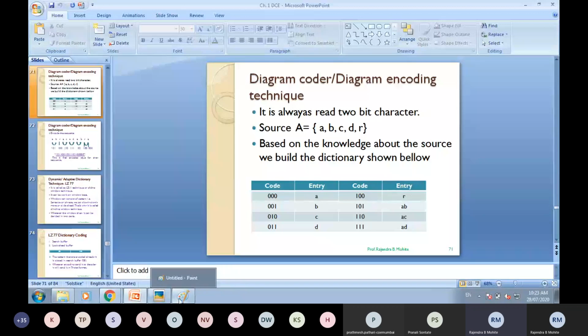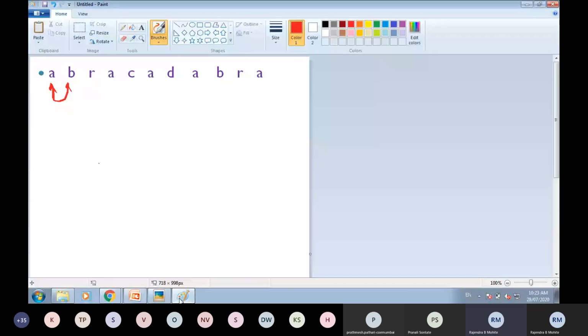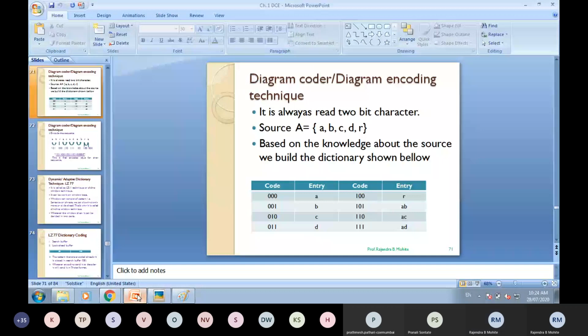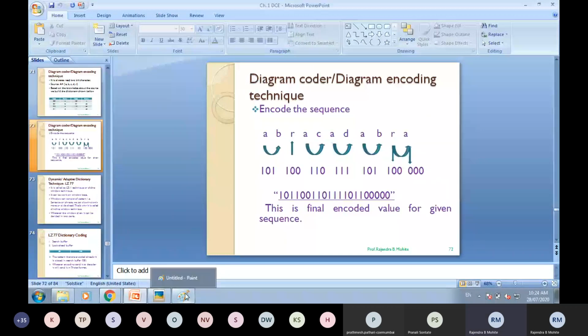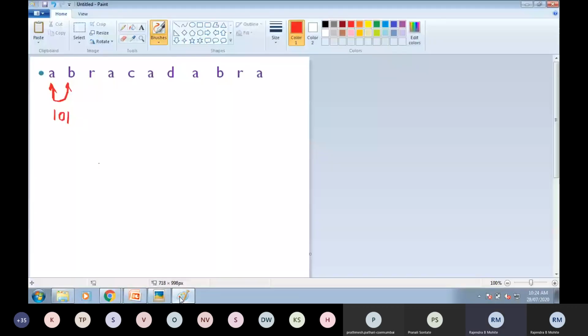If I make the group of 2, next to R, my R is 100, so for AB I am representing 101, which means 5. 101 for AB means 5. Then moving towards the next, R. This is already present in the dictionary.